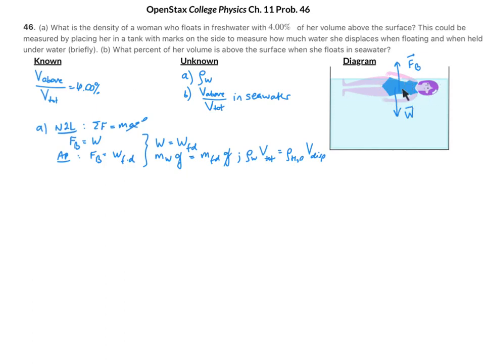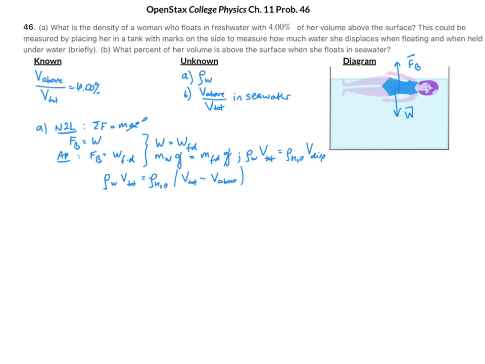So the volume displaced is actually her entire volume minus the volume that she's sticking out above the water. So then I have density of the woman times her total volume is density of water times her total volume minus the volume above.